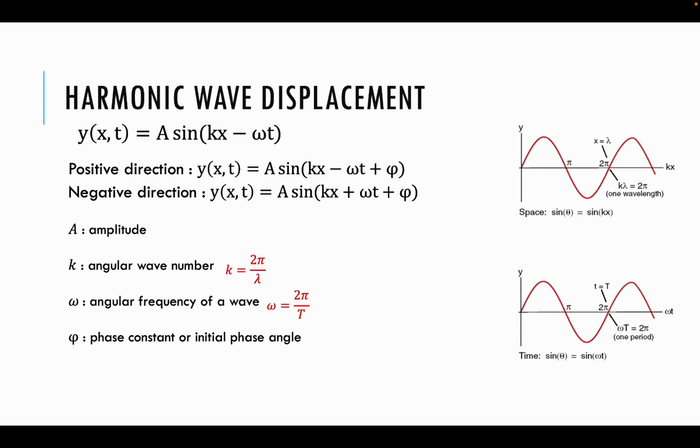If the time t increases, the position x has to increase to keep kx − vt equal to π over 2. So for the negative direction, it is almost the same explanation, but in the negative direction.